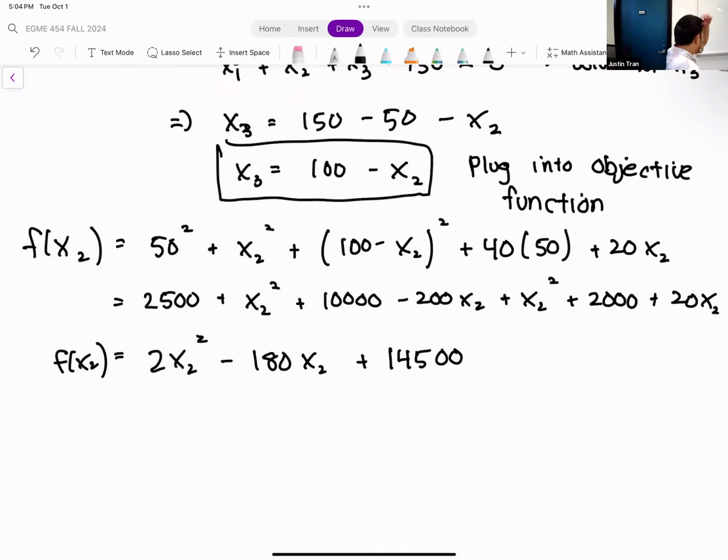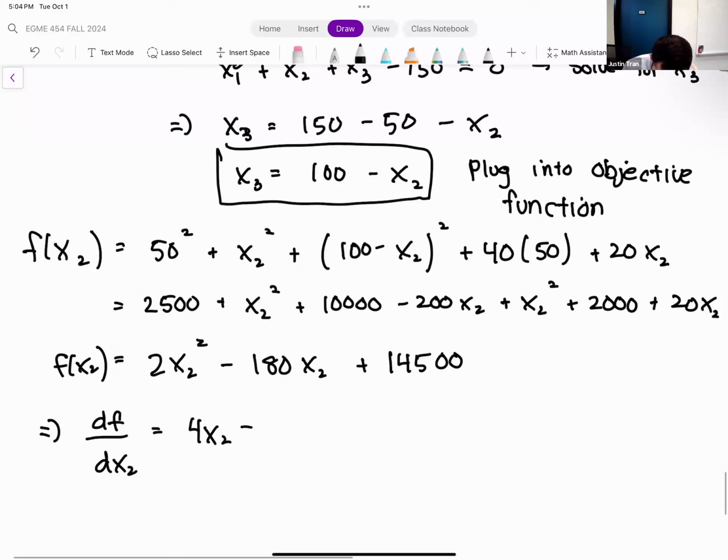Okay. So we have our objective function in terms of one design variable here. Let's take the derivative. We take the derivative of this, we get 4x2 minus 180, equals 0. All right, so if we solve this for x2, we get x2 is equal to 180 divided by 4. We solved this earlier. 180 divided by 4 is 45.